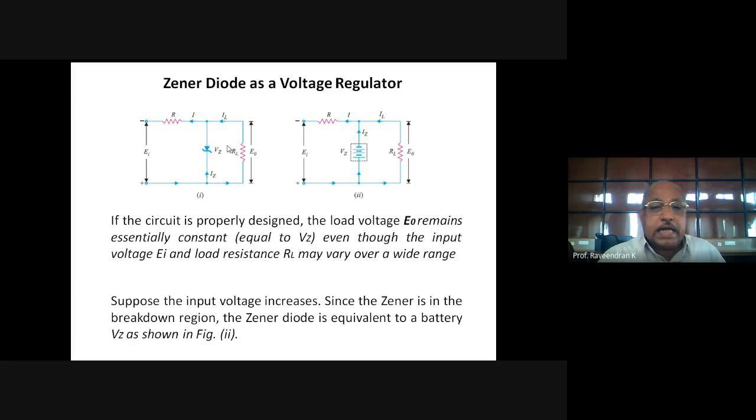Okay, so in either case, whether input voltage is increased or decreased, output voltage is made constant. When the load current is increased or decreased due to the variations in load, again the output voltage E0 is kept constant equal to Vz. So in this way, the Zener diode can keep the voltage at the output side of the regulator constant.